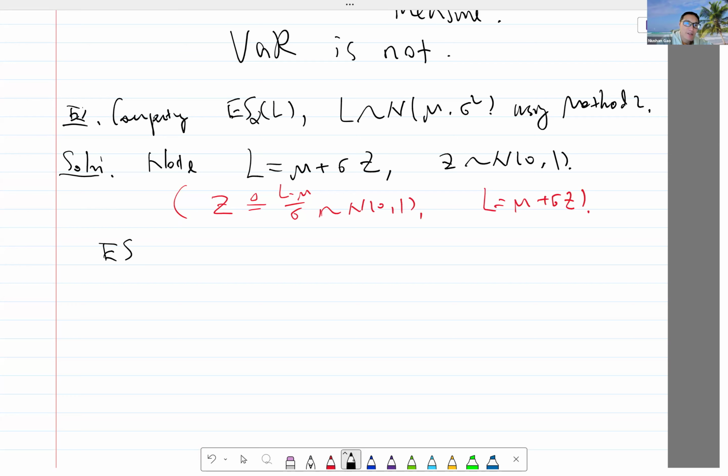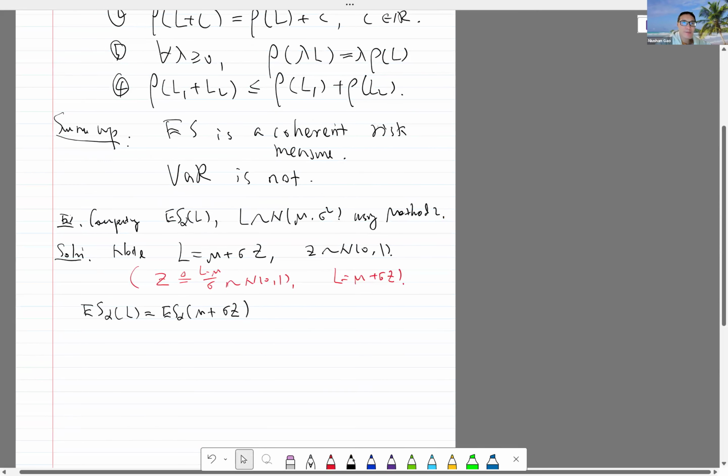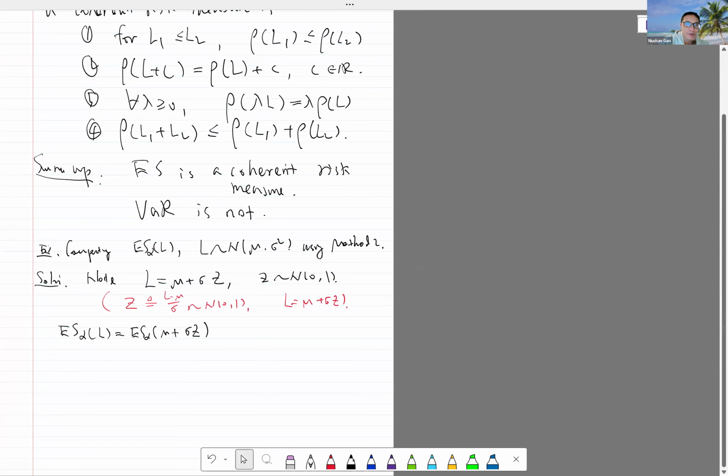Now we have expected shortfall alpha of L equals expected shortfall alpha of mu plus sigma Z. I'm using property 2, it will give me that, just computing expected shortfall of sigma Z plus mu. We can take a constant out by property 2 above.